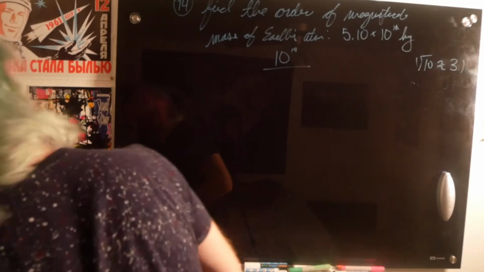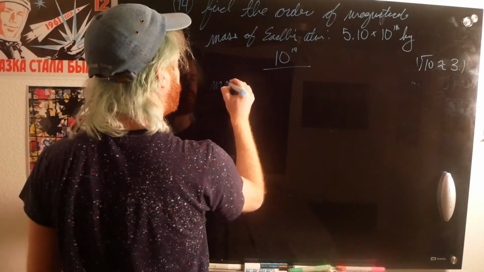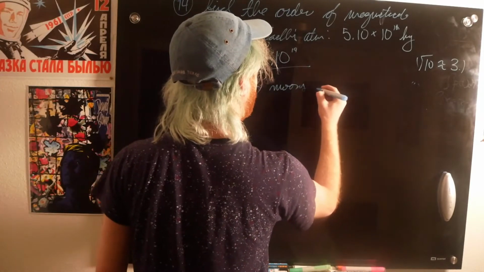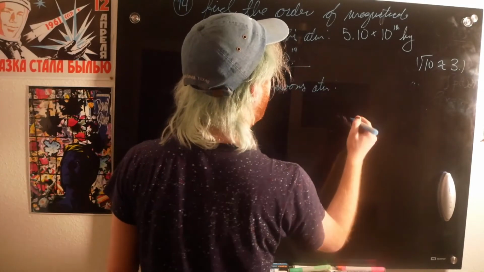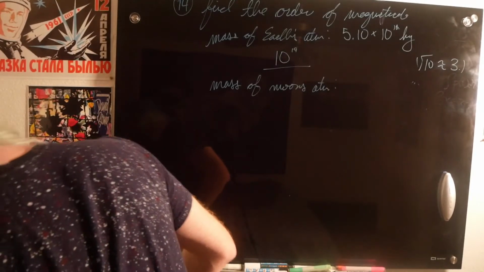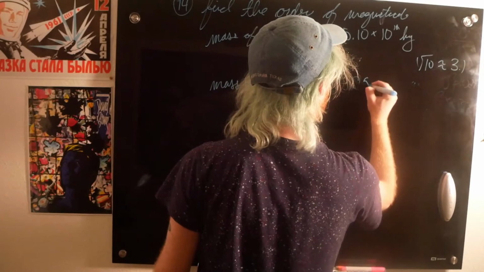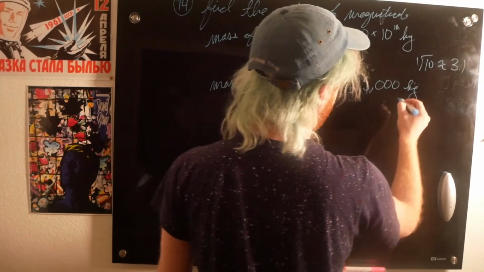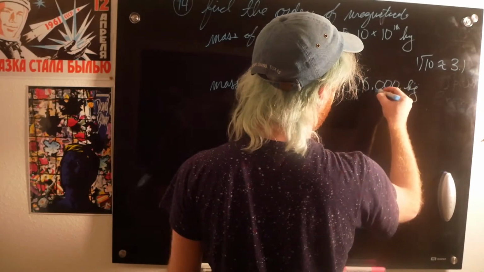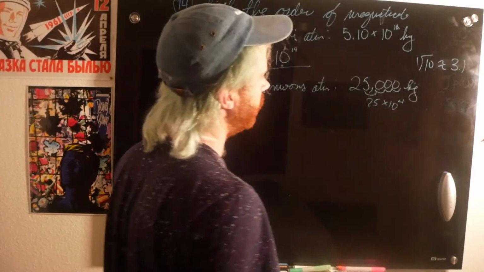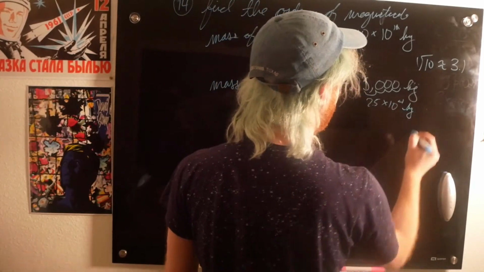The next one is going to be the mass of the Moon's atmosphere. And that is going to be 25,000 kilograms, which in scientific notation is 2.5 times 10 to the 4th kilograms.